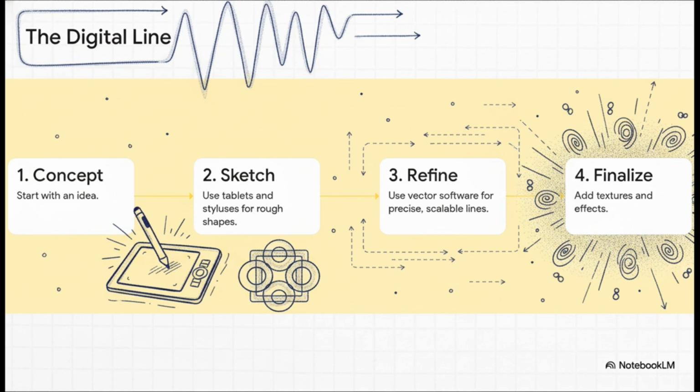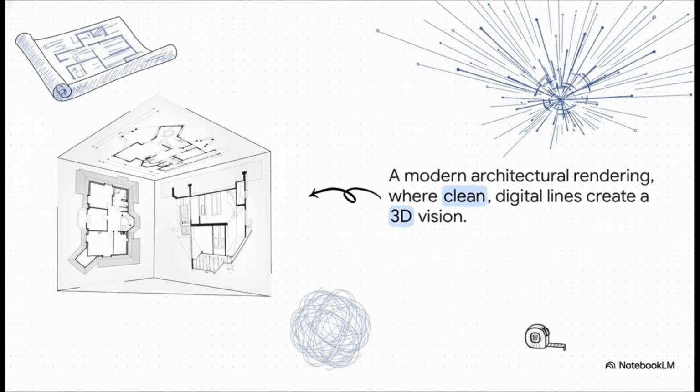This digital toolkit offers a level of precision and flexibility that was just, well, it was unimaginable with traditional tools. And just look at the result. This modern architectural rendering, it's built from countless digital lines. They're clean, they're precise, and they create a perfect photorealistic vision of a space before a single brick has even been laid. It's the evolution of that old hand-drawn blueprint into a whole new digital language.